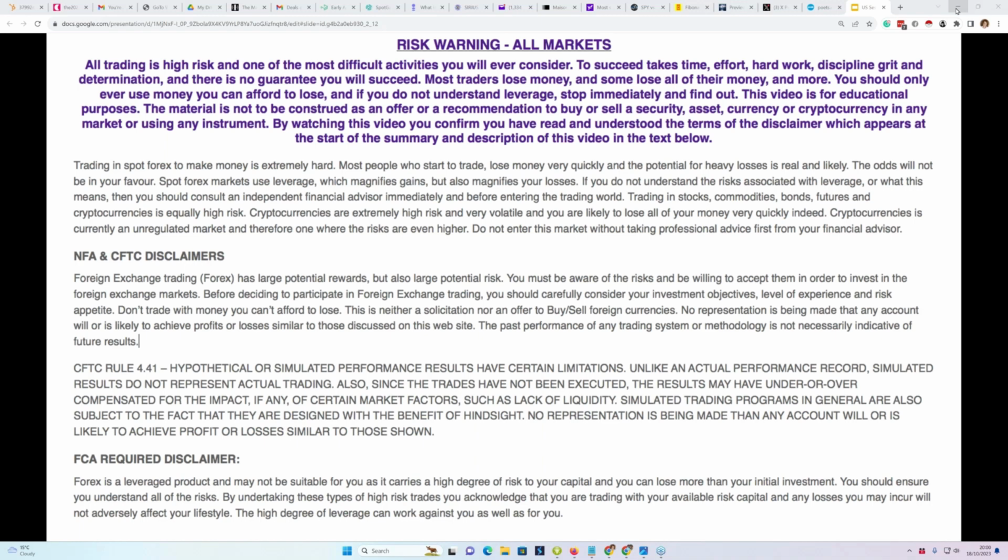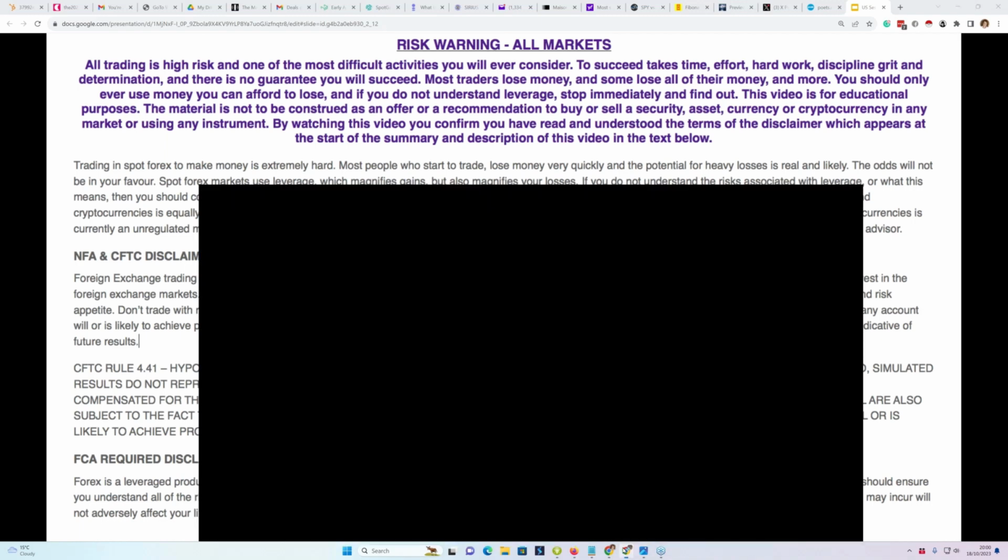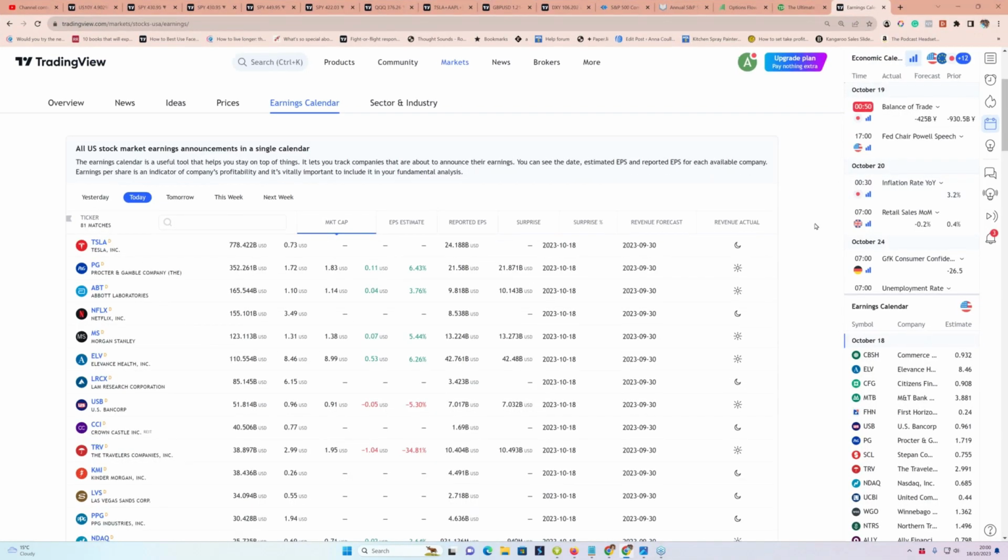But actually, given the state of the market at the moment and geopolitical events, we're really at a point in the markets when, regardless of what you trade, whether as a day trader or a slightly longer term trader or even as an investor, you really have to know what the other elements of the market are doing.